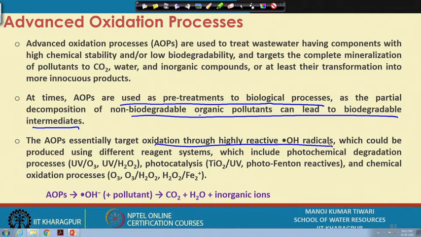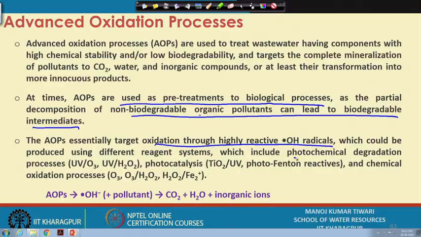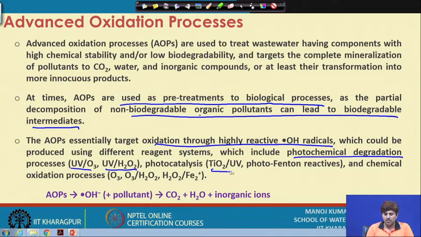So advanced oxidation processes essentially target oxidation through this highly reactive OH radical. There are different methods for producing this OH radical. These OH radicals could be produced using different reagent systems, which could include photochemical degradation processes, so UV and ozone, or UV and H2O2, or photocatalysis, so TiO2 and UV, or photo-Fenton reactions, or chemical oxidation processes where ozone, hydrogen peroxide, or hydrogen peroxide and iron can be used.